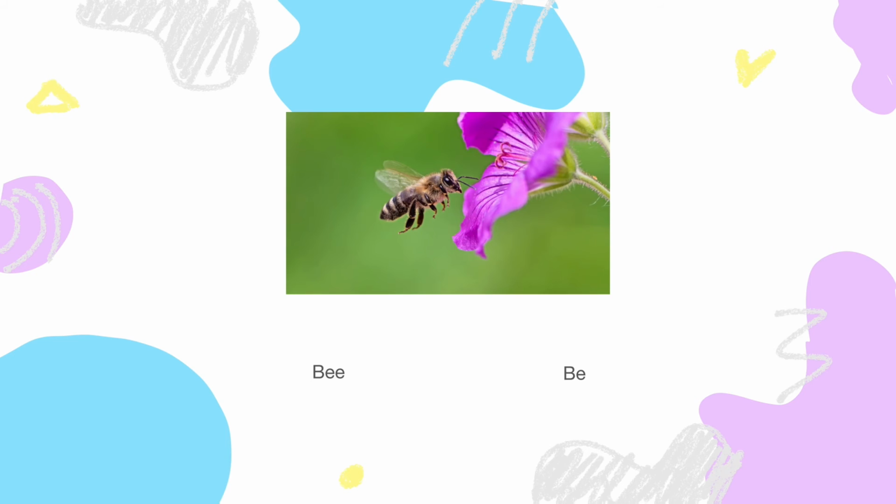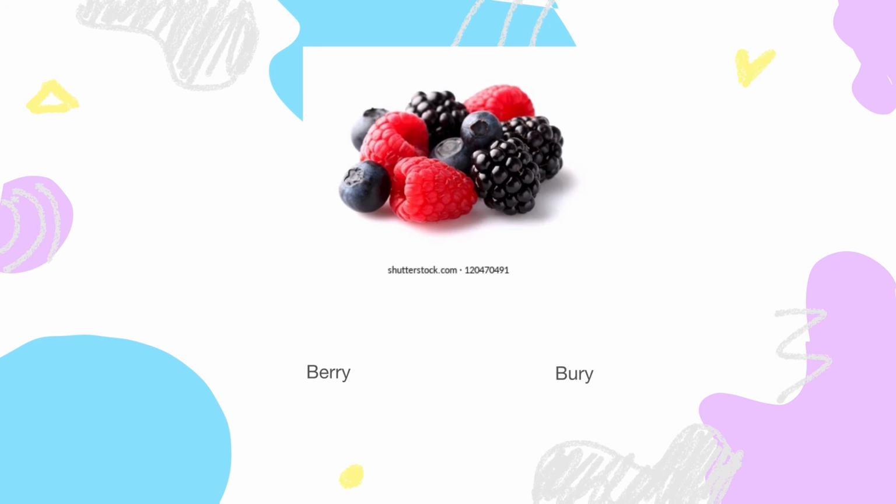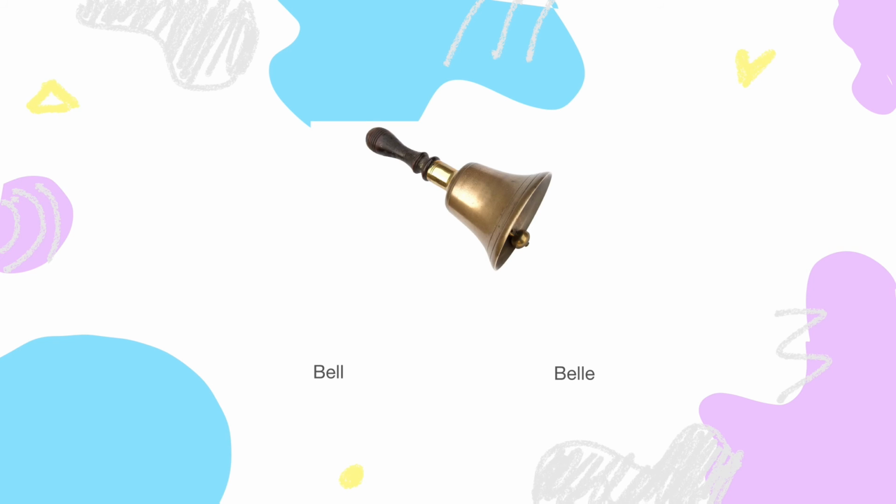Bee or be? What is the picture called? Two or too? What is the picture called? Berry or bury? What is the picture called? Bell or belle?